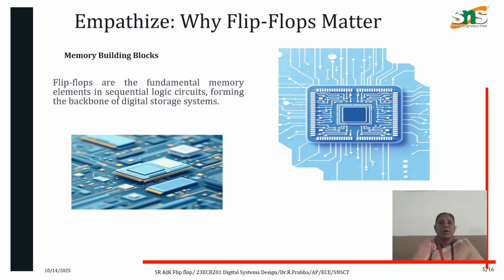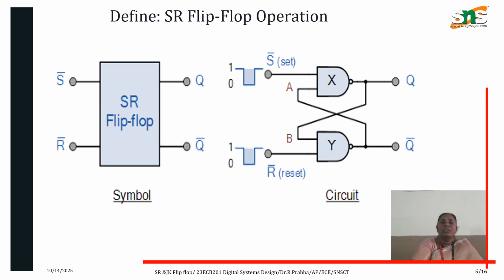In the empathize part, why flip-flops matter: flip-flops are the fundamental memory elements in sequential logic circuits, forming a backbone for the digital storage systems. In the define part, we are using SR flip-flop operation. It has two inputs, one is set input and another one is reset input, and two outputs Q and Q bar.